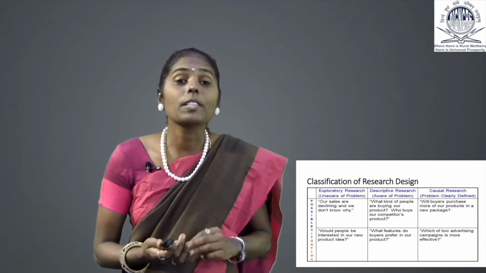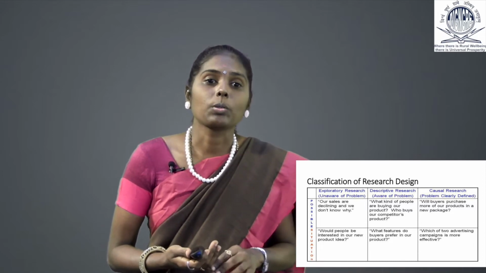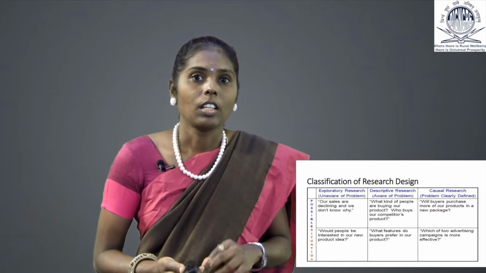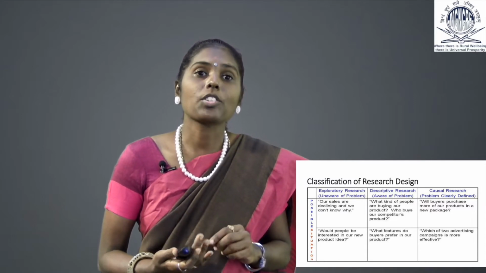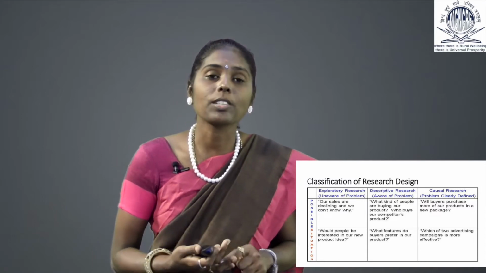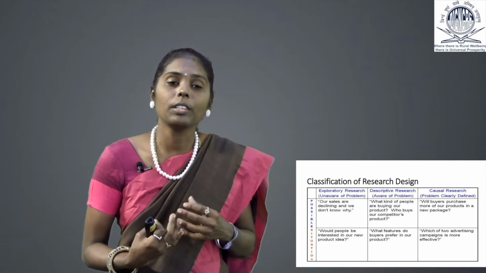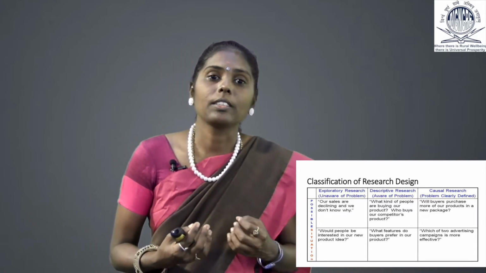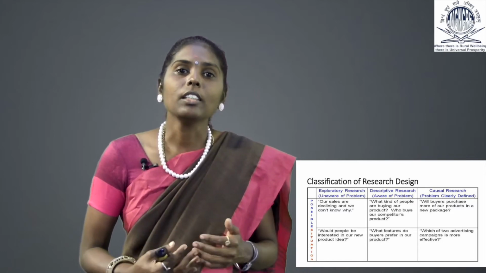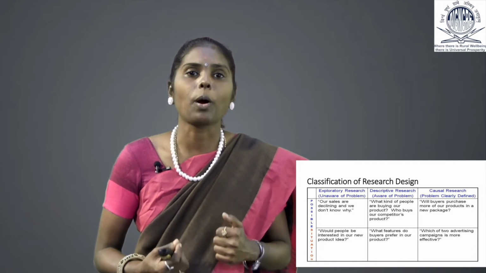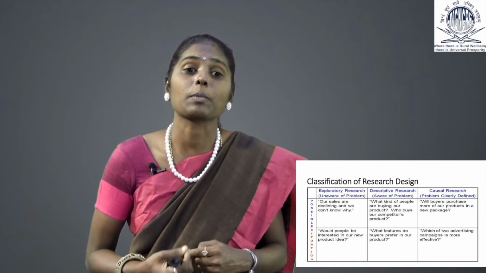The researcher doesn't know what the problem is. So for example, our sales are declining and we don't know why. Our production in farming is declining, and we don't know why. We are unaware of the problem. So at that time we will be carrying out exploratory research.